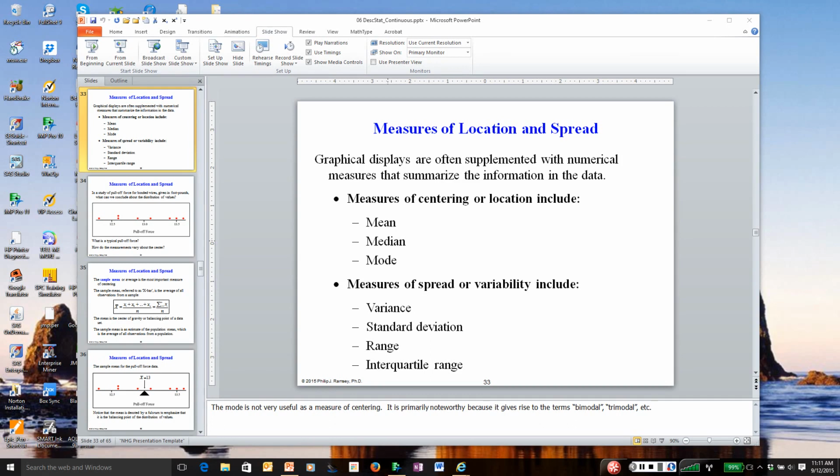So we're going to start looking at ways of using numbers, which we often call statistics, to actually assign values to the centering and to the spread. So I'm going to begin by talking about measures of centering.